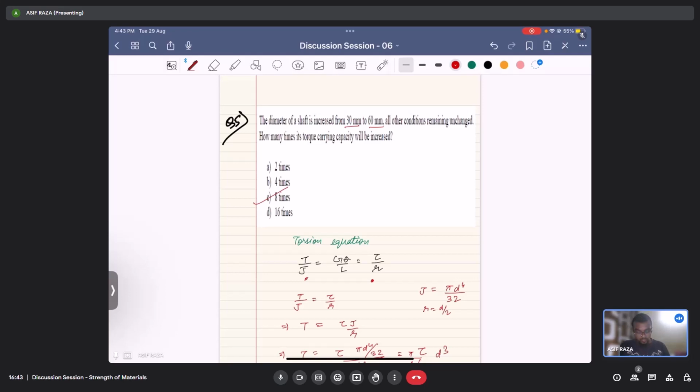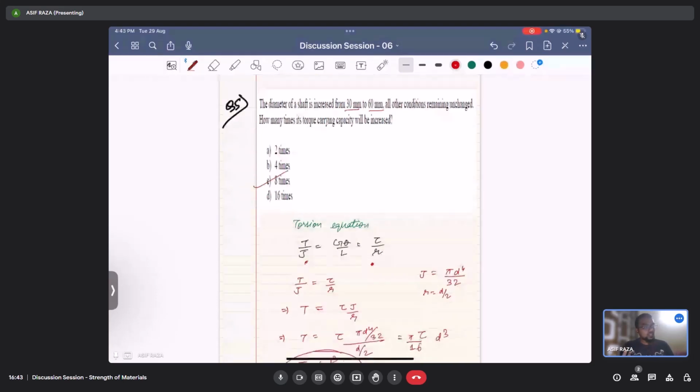So I hope this is okay for you all. In this question, the diameter of the shaft was increased from 30 mm to 60 mm while keeping other conditions the same. So we need to find the torque carrying capacity.